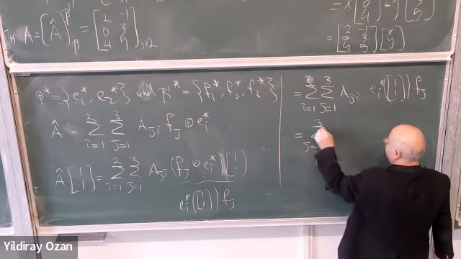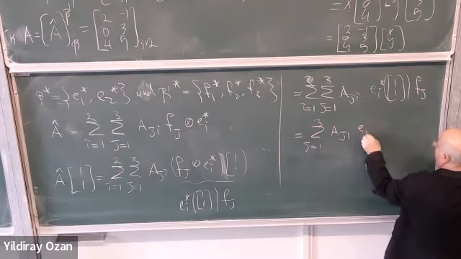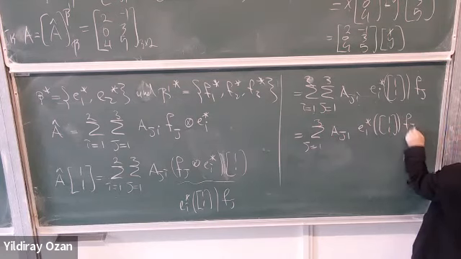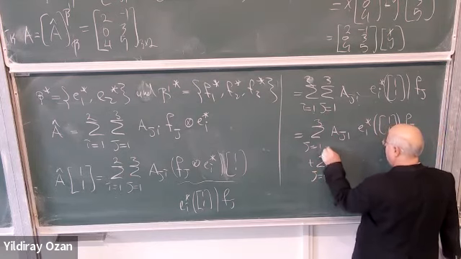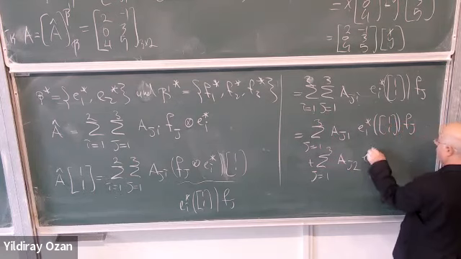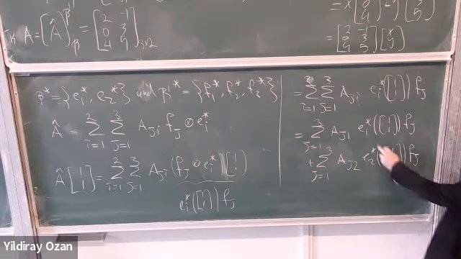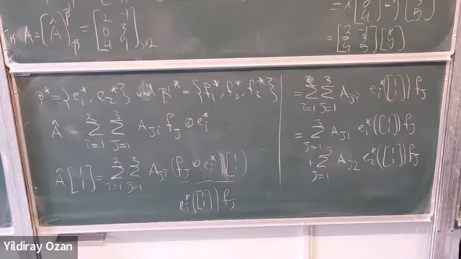Then i equals 1, so yeah, şöyle yazayım. Sum over j from 1 to 3, a_j1 E1 star(1, 1) F_j, plus the sum over j from 1 to 3, a_j2 E2 star(1, 1) F_j. What is E1 star on this element?